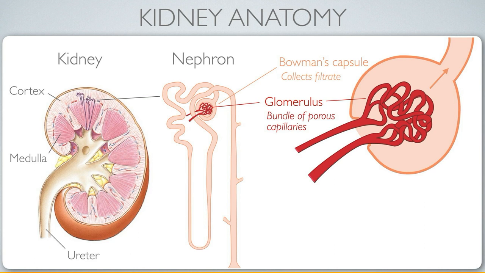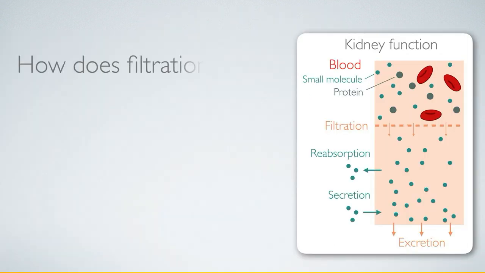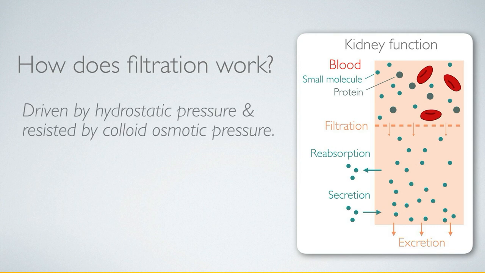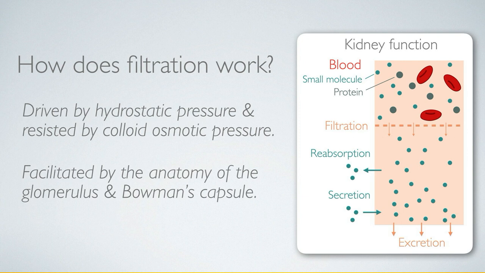Cortex and medulla will matter later on when we're talking about other functions of the kidney. All right, but this lecture was focused on filtration, and we've established how that works. That was our initial question. We know now that it's driven by hydrostatic pressure and resisted by colloid osmotic pressure, and is facilitated by the anatomical features of the glomerulus and the Bowman's capsule, which are the first structures of the nephron.